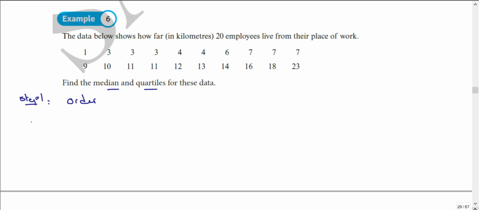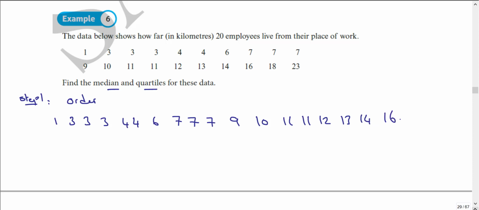But it's better to have them in one row, not two rows like this. So it's 1, 3, 3, 3, then 4, 4, 6, 7, 7, 7, then 9, 10, 11, 11, 12, 13, 14, 16, 18, and 23. How many data do we have here?